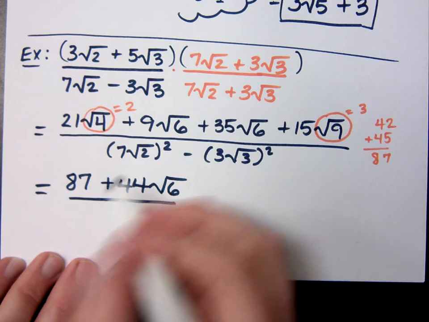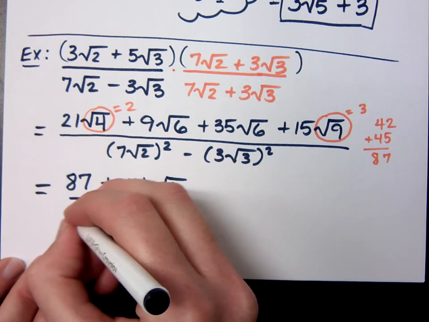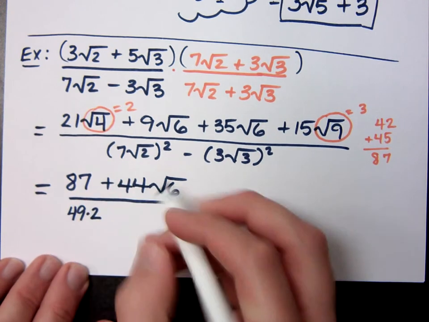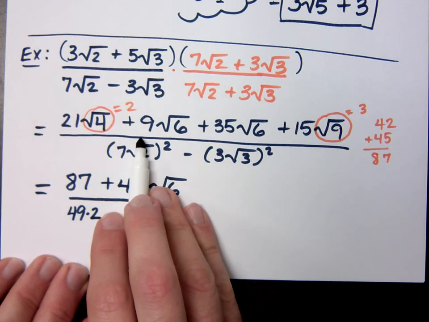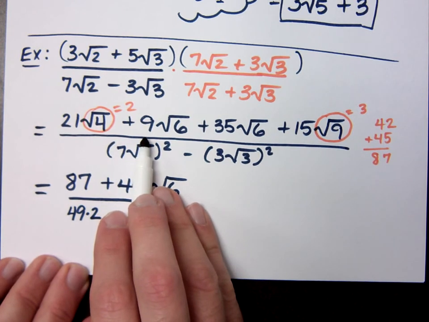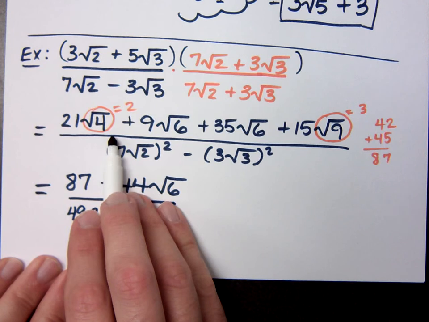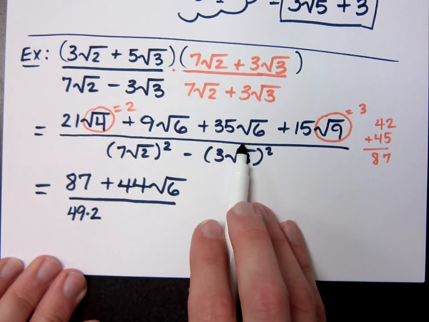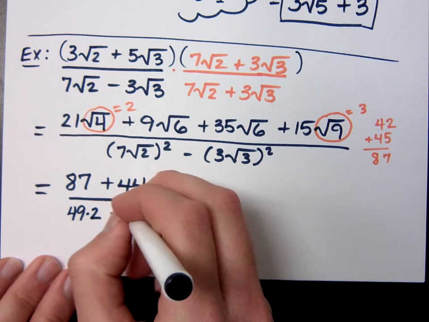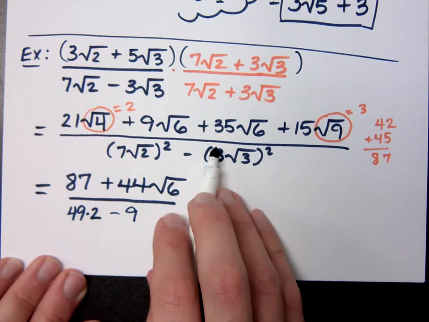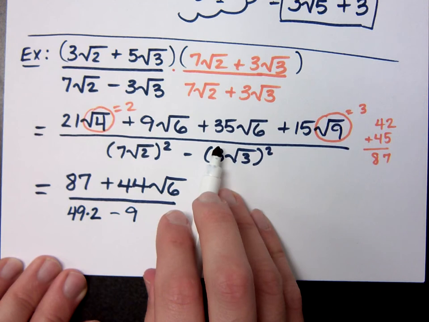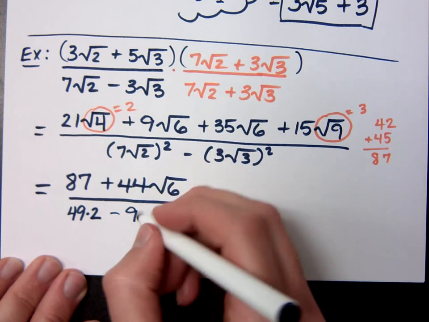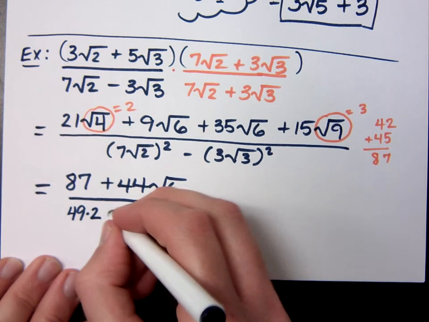over. Now let's look what we have in the denominator. This guy is 49 times 2. When you square, remember what we did here before? You square the 7 to get 49. When you square that factor of 2, you get 2. Over here, when I square the 3, I get 9. When I square the square root, what do I get? I get 3. So make sure that you're paying attention to what you're squaring and when.